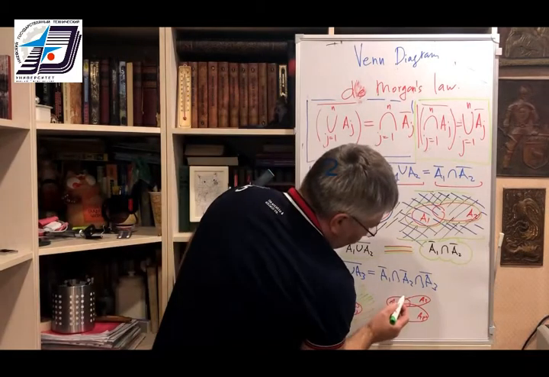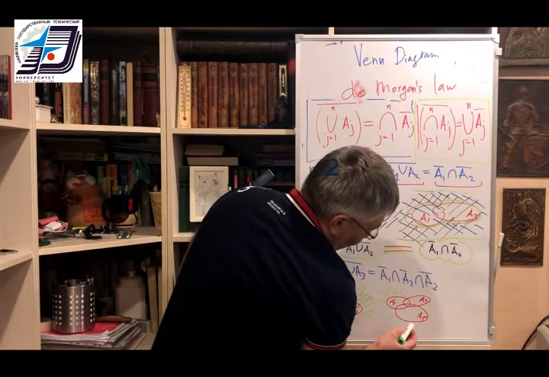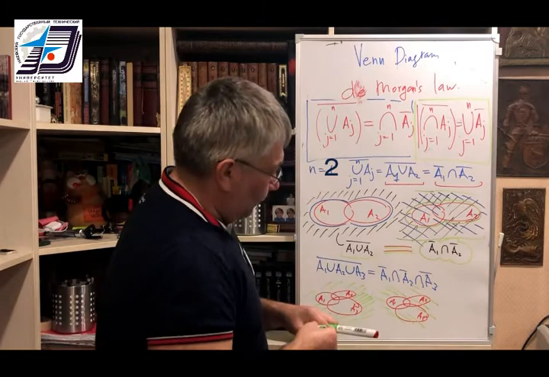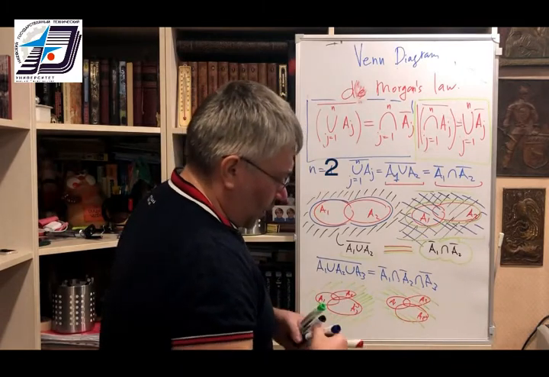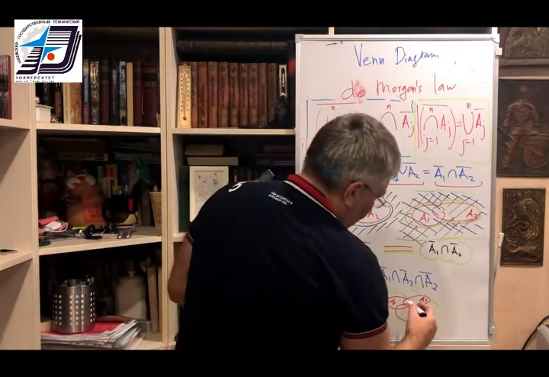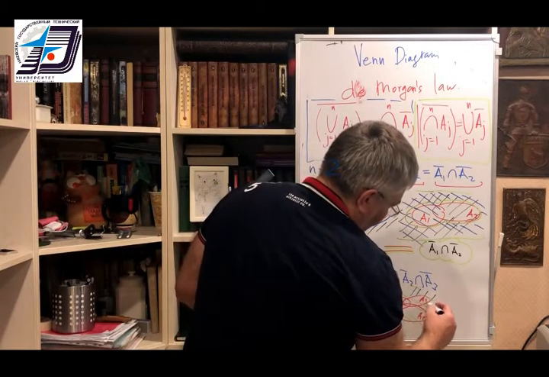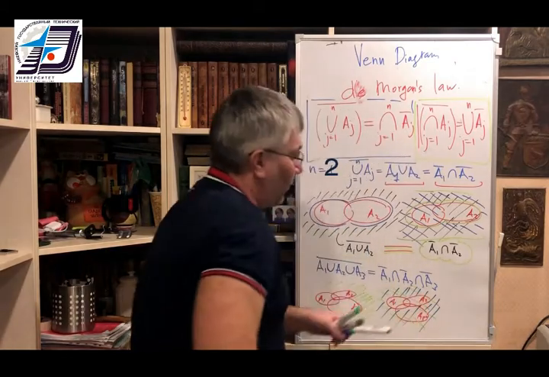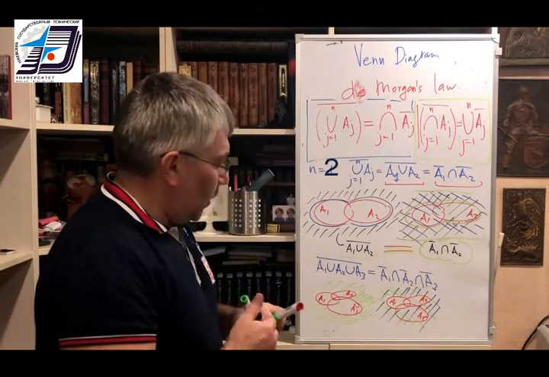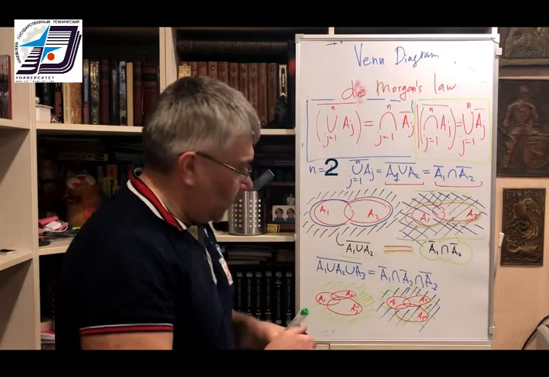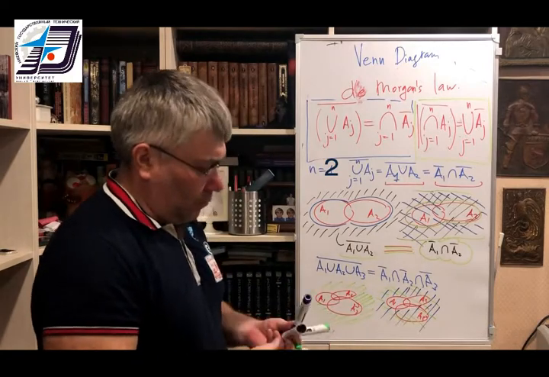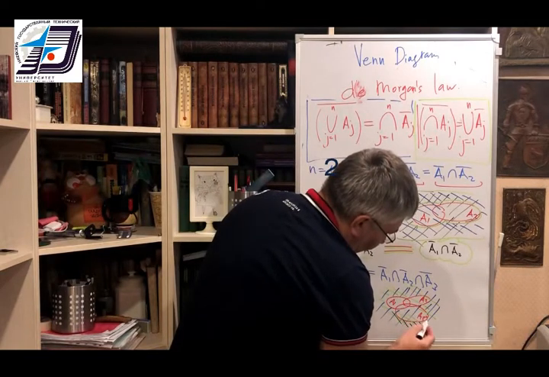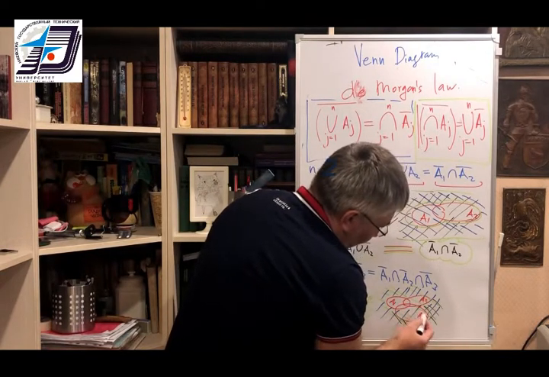I use green for the negation of A1, and negation of A2 is the whole area beyond A2, and for negation of A3 I use black ink. It's the area beyond A3.